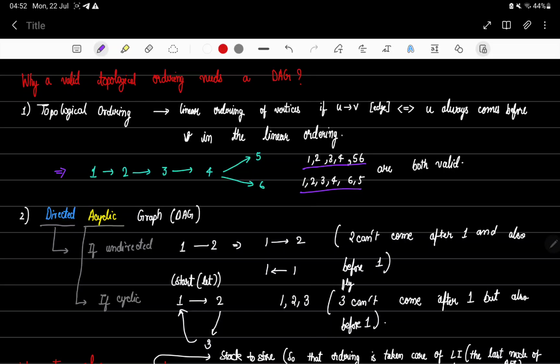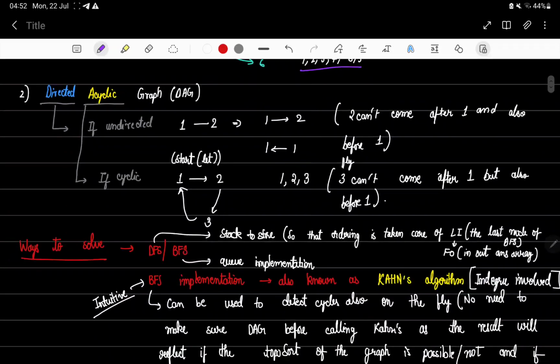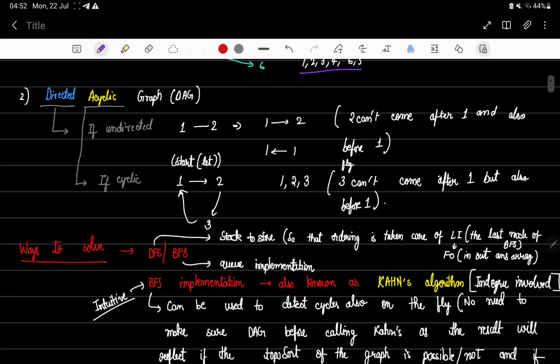Now if we come to why does it have to be a directed acyclic graph? Directed because it needs to be directed. We can prove it that if it was undirected, what happens is there will be a 1 to 2. If there is an edge, then 1 to 2 is an edge, and then 2 to 1 is also an edge in the bidirectional graph.